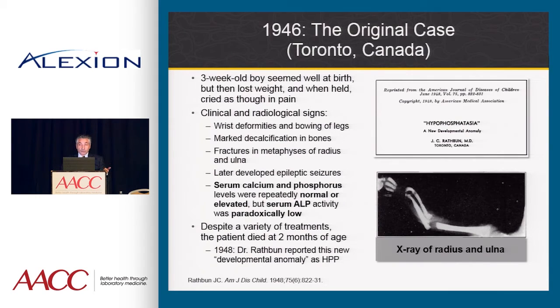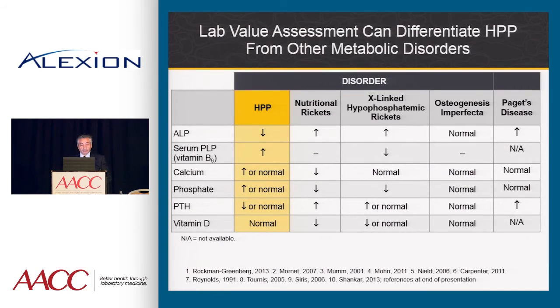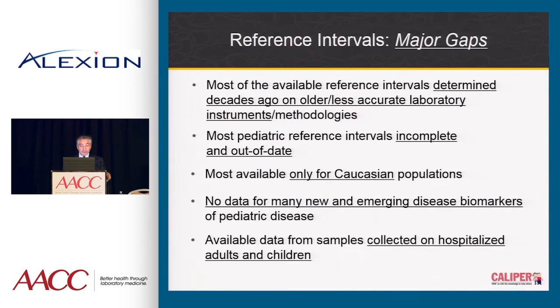But my focus is going to be more on biochemical diagnosis. As we saw from Dr. Zaritsky's talk, alkaline phosphatase is particularly important, in a condition where you see a significant lowering of alkaline phosphatase. This is in contrast to other related conditions that typically cause elevated levels of alkaline phosphatase. And so my focus will be mostly on alkaline phosphatase today.